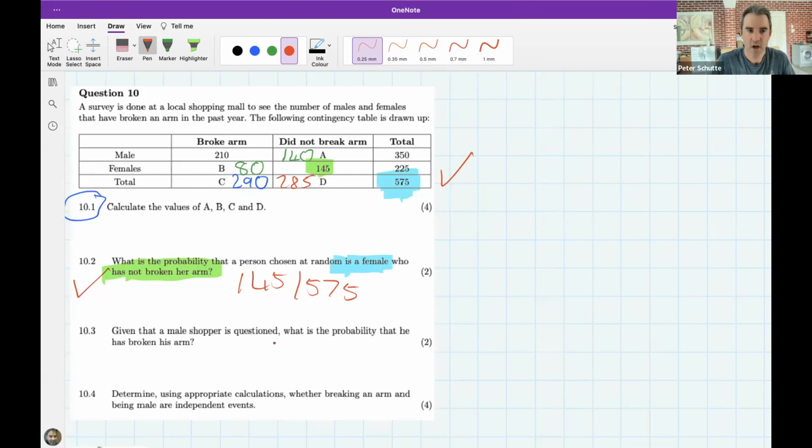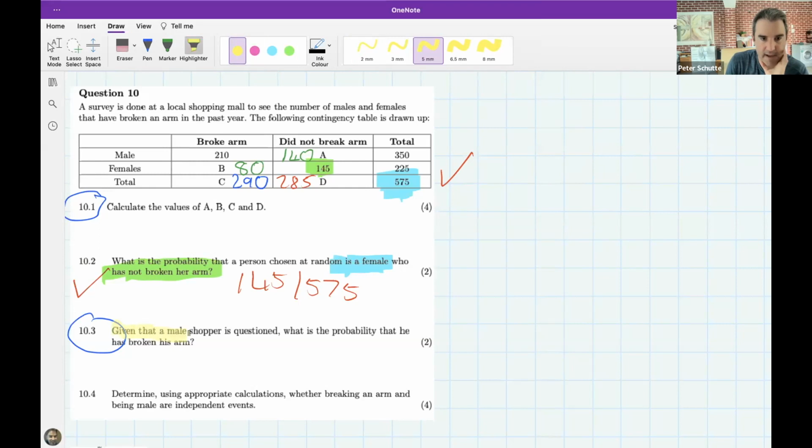So, okay, 10.3. So I want to know, what about 10.3? Can you answer 10.3? So with 10.3, we have to be careful because there's a little bit of sneakiness that's woven in here.